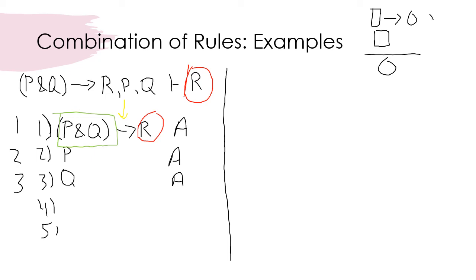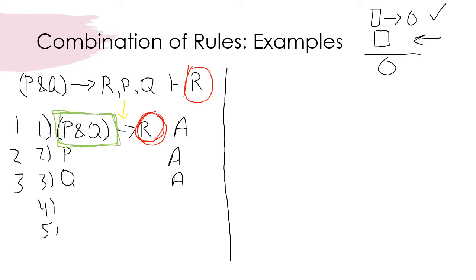So I have this piece already. I have a square arrow circle. This is a square. My R is my circle. So I've already got that piece. Now I'm looking for my square. Do I have P and Q together? Well, no, I don't. So I'm going to have to construct it. Can I construct P and Q from what I have in my assumptions?